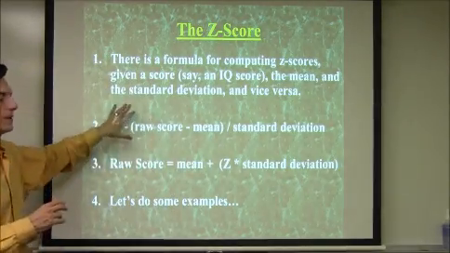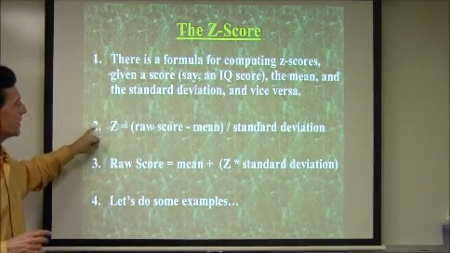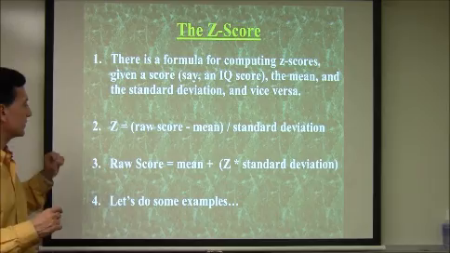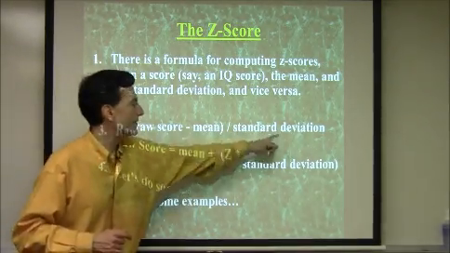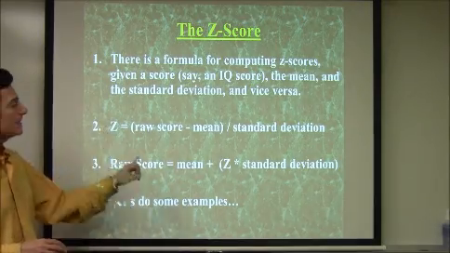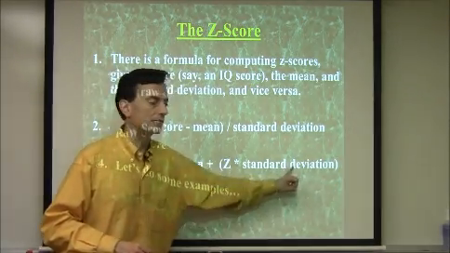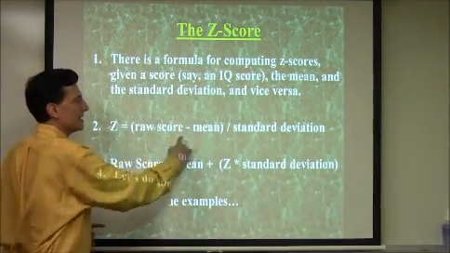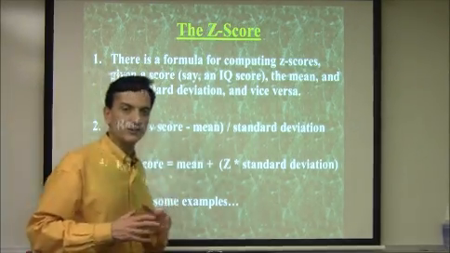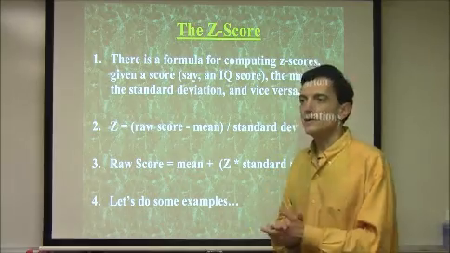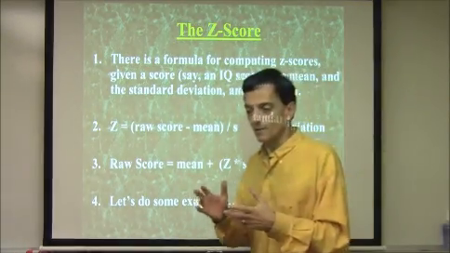Okay? Now you can move those terms around algebraically. You might imagine that if you wanted to, for example, solve for the raw score, what you would have to do is multiply by the standard deviation. So we'd take z times the standard deviation, and that's what you see over here. We'd also have to get rid of this negative mean by adding the mean to each side of the equation. And this harkens back again to what you might have learned in 8th grade algebra or thereabouts.